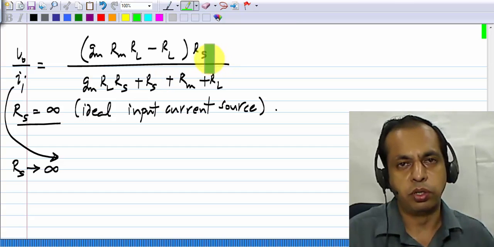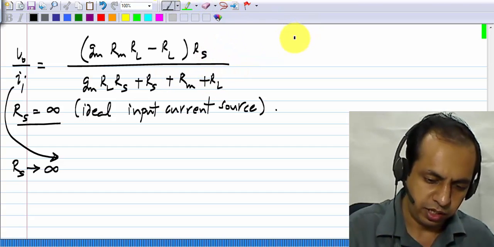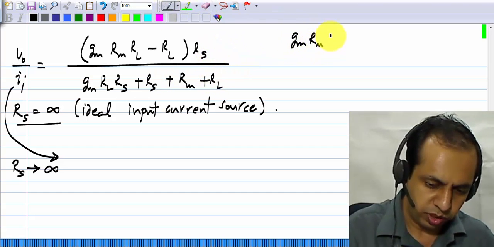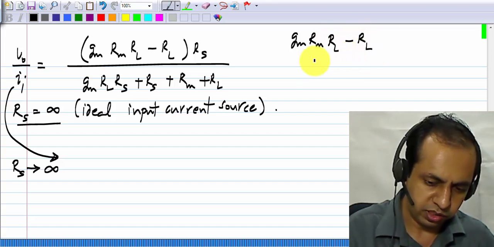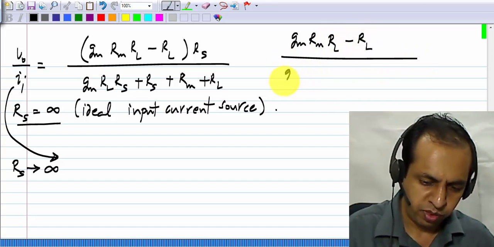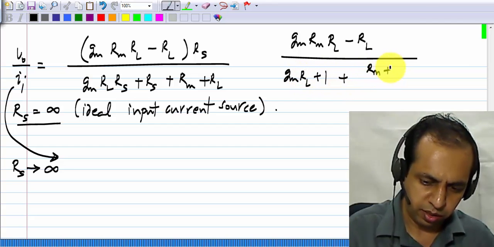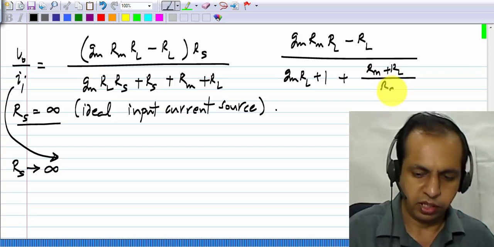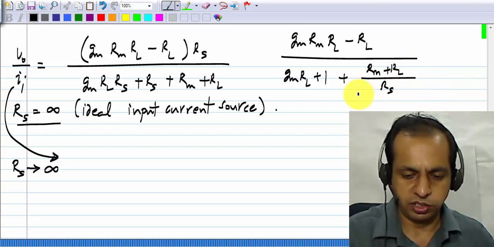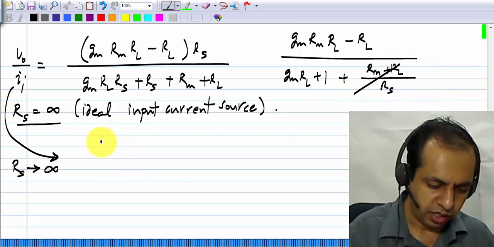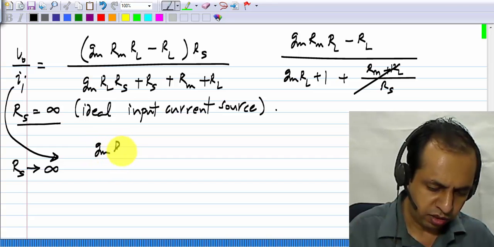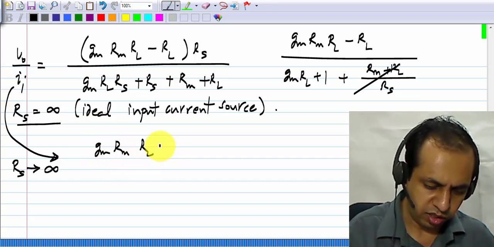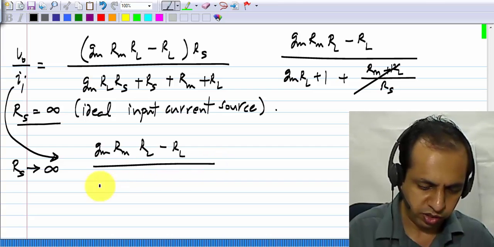I divide both numerator and denominator by RS. I will get GM RM RL minus RL divided by GM RL plus 1 plus RM plus RL divided by RS. Obviously, as RS tends to infinity, this goes away, and I'll have GM RM RL minus RL divided by GM RL plus 1.